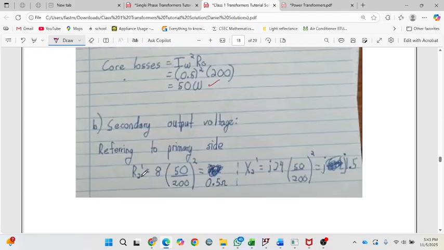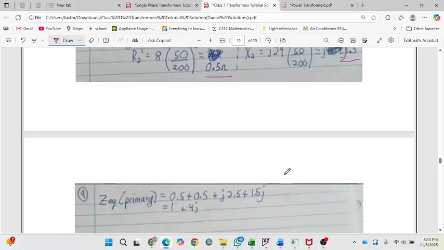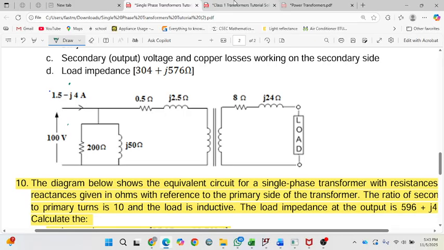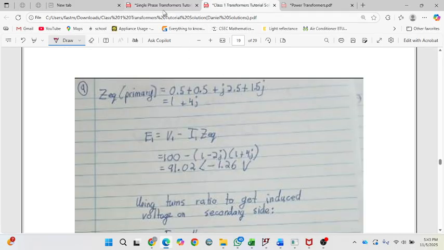So you have R2 prime, same thing, you get your 0.5, and then X2 prime, same thing, easier as a ratio, and you get J1.5, and then you just add it up. On the primary side, it will be the 0.5 plus the 0.5, and the 2.5 plus, I think it was the 1.5 when you referred it.